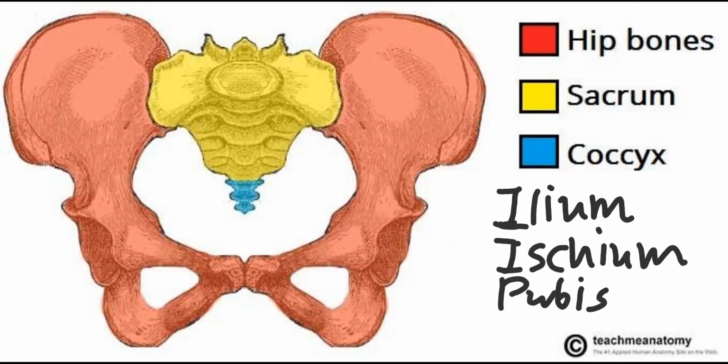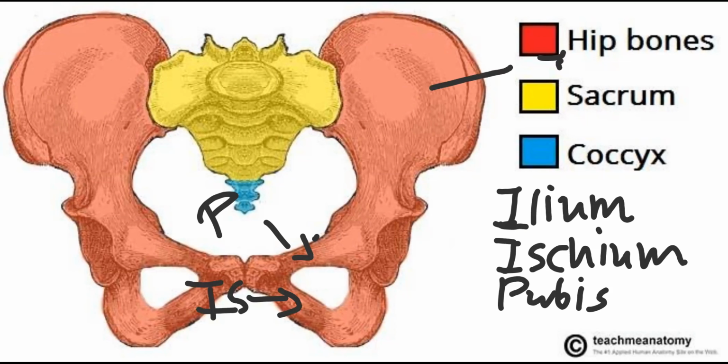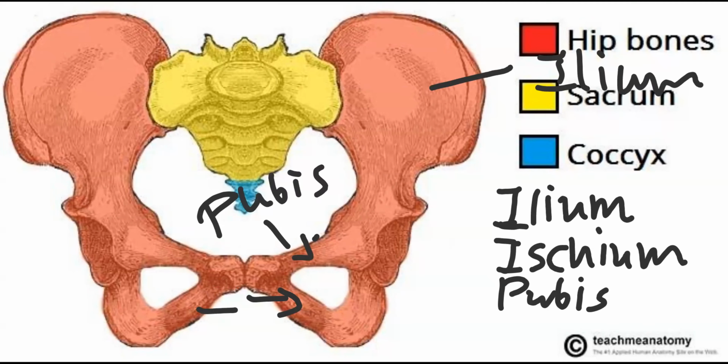More or less, I think this is the pubis. This one is called the ischium, and this bigger one is called the ilium. So these 3 bones together make what is called the coxal bone. Tell me, is the concept clear up to here?